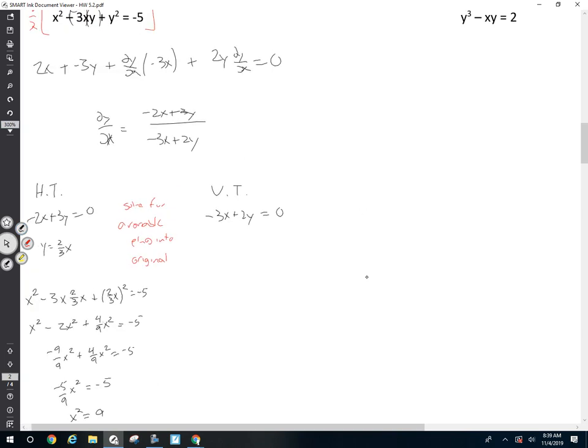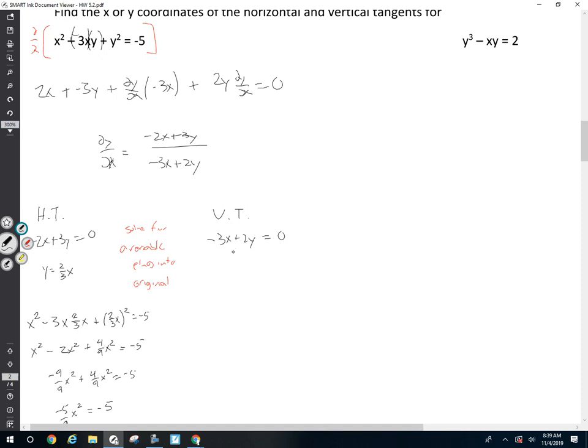All right, vertical tangents. Let's see. I'm going to solve for y as well. It ends up being y is 3/2 x for vertical tangent. Sometimes it's easier to solve for x. Let's just see. I'll get x squared plus negative 3x times 3/2 x plus 3/2 x squared equals negative 5. This becomes x squared minus 9/2 x squared plus 9/4 x squared equals negative 5.